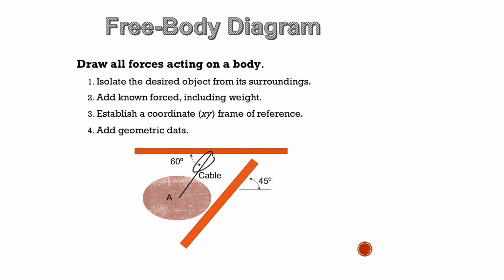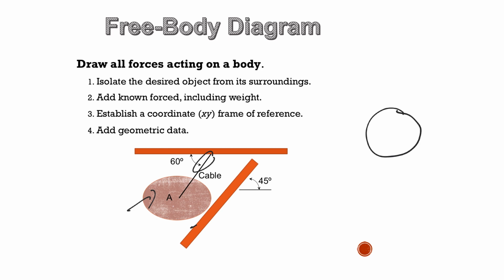This is tension, the cable has a tension, and then you have this beam here. Your main character is going to be the sphere. Make sure that you draw a correct free body diagram. If your free body diagram is wrong, your calculation will also be wrong, so you're going to lose like 12 or 14 marks.